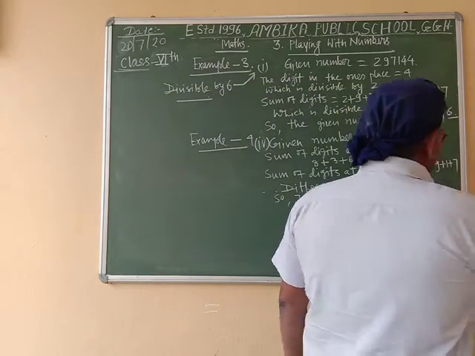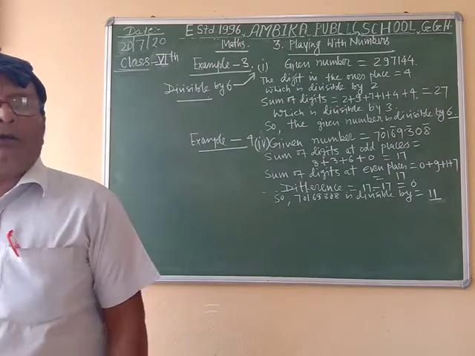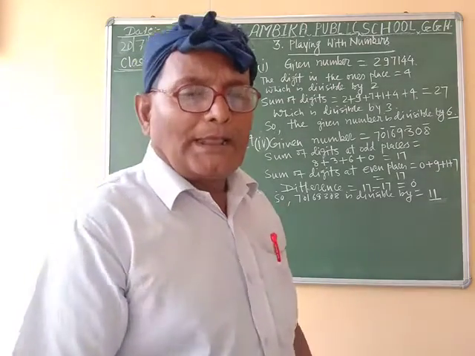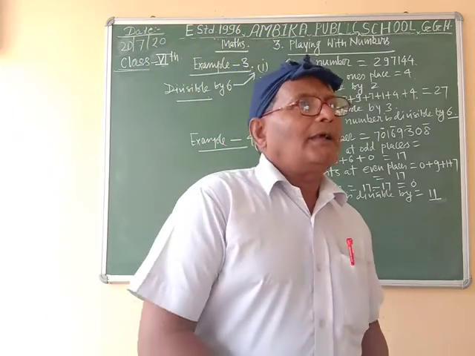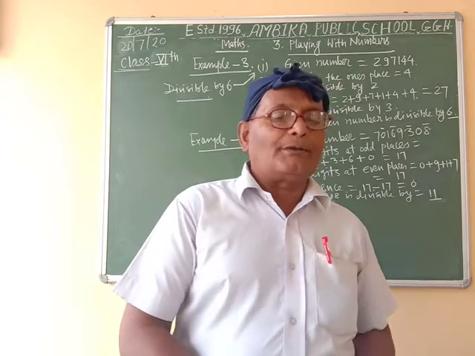So if the difference of the sum of digits at odd places and the sum of the digits at even places is either 0 or a multiple of 11, then the whole number is divisible by 11.